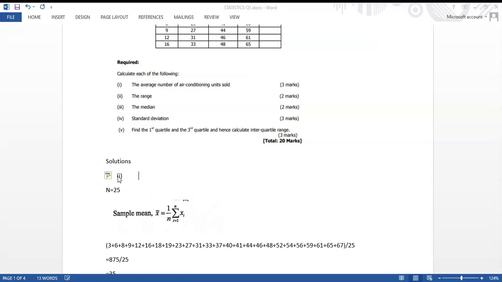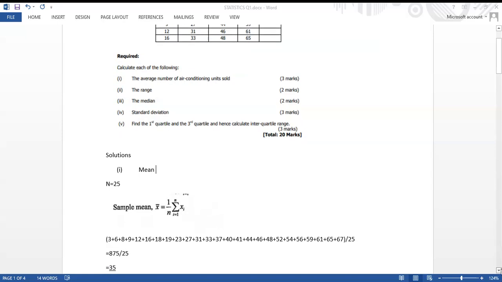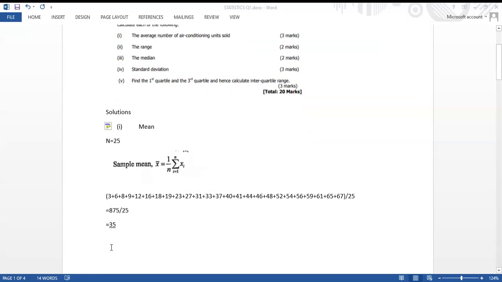The next one is the range, which is the easiest. The range is just the highest value subtracted by the lowest value.